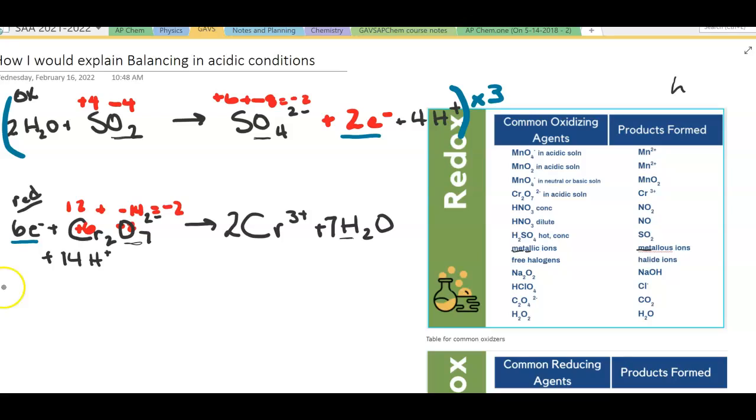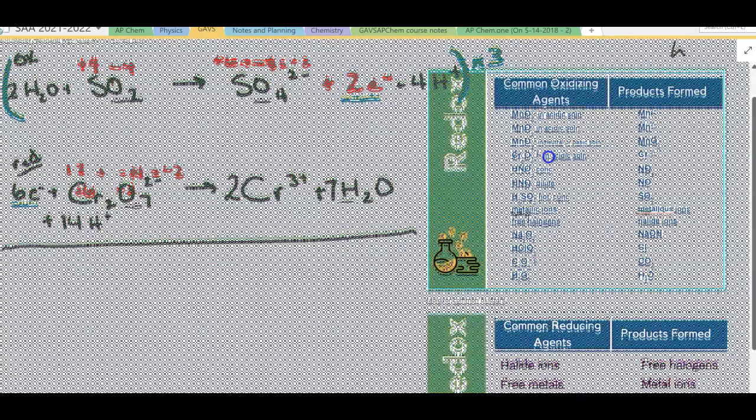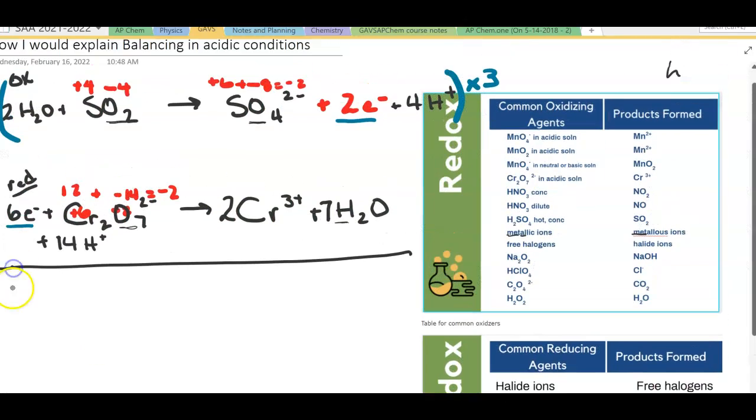So if I write my total ionic equation here, that's going to give me 6 waters and 3 sulfur dioxides, and going down to my reduction, 6 electrons, 1 dichromate ion, and 14 hydrogen ions.